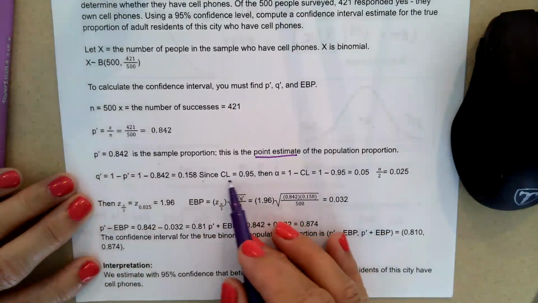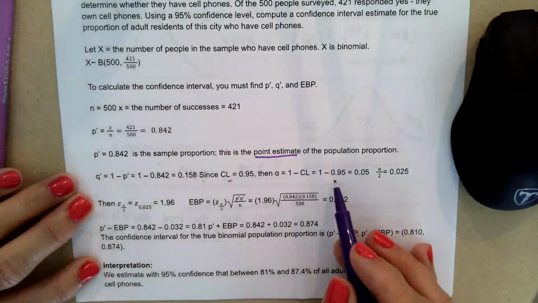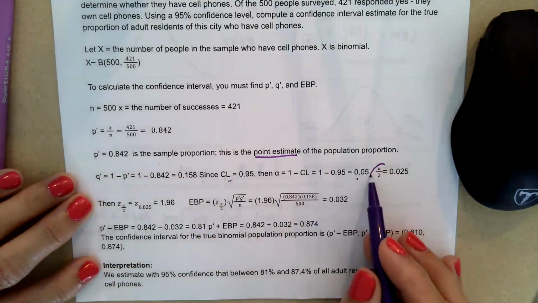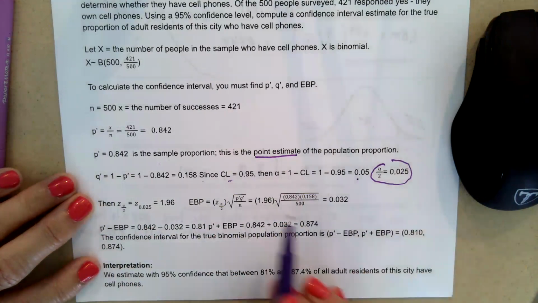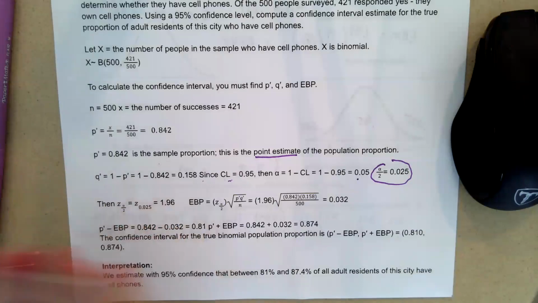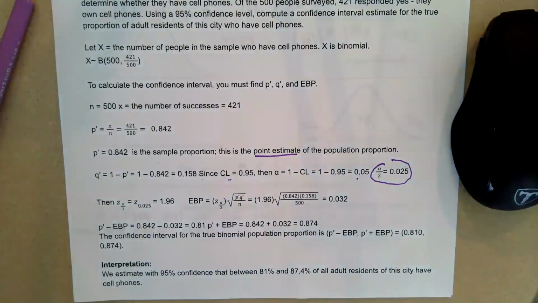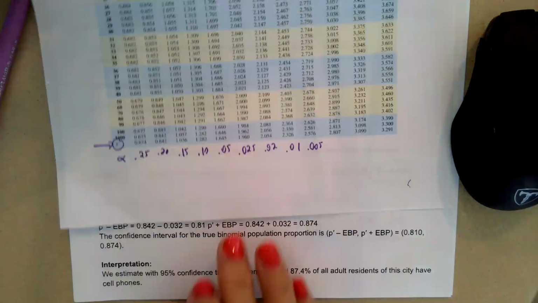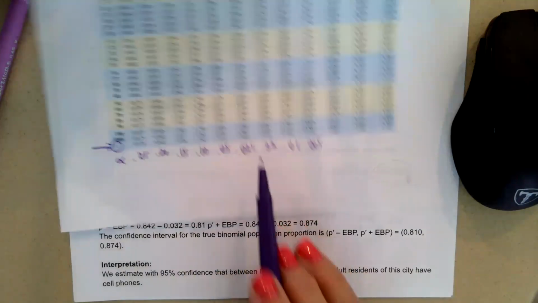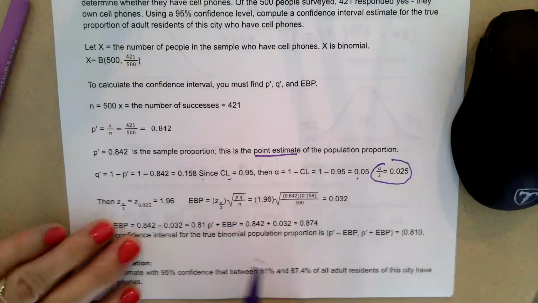Then our confidence level is 0.95, so our alpha is 0.05, and our alpha divided by 2 is 0.025. So if we use Desmos or graphing calculator or our handy dandy sheet here at 0.025, we can see that that Z is 1.96, and that's what we're going to use.